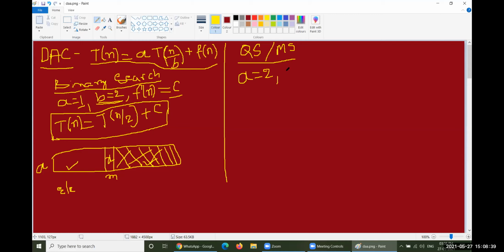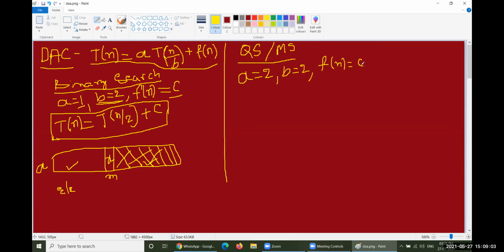And how can you divide the sublist? So b will always be equal to 2 as far as the divide and conquer technique is concerned here. And for f of n, it is taken into consideration that the number of swap operations will be 2. That is, a constant number of swap operations will be done.